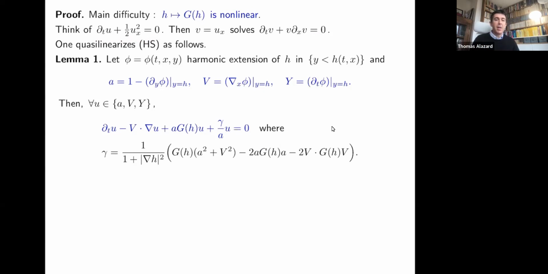For the elliptic equation, you can proceed in a similar way and quasi-linearize this equation as follows. We want to find for the elliptic equation an analogous result, saying that you can introduce some good derivative that satisfies a quasi-linear equation instead of a fully nonlinear equation.